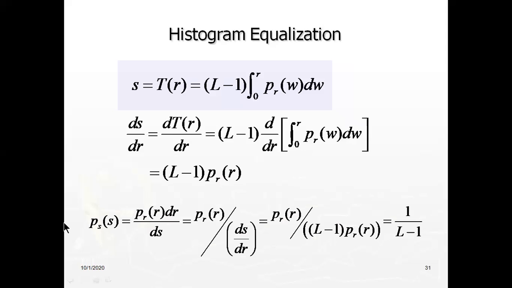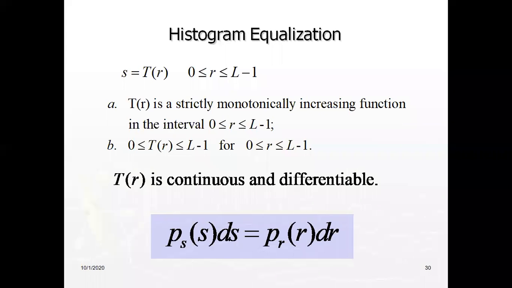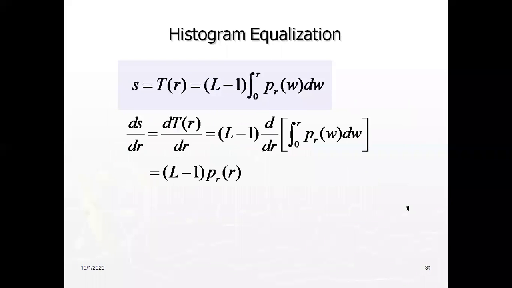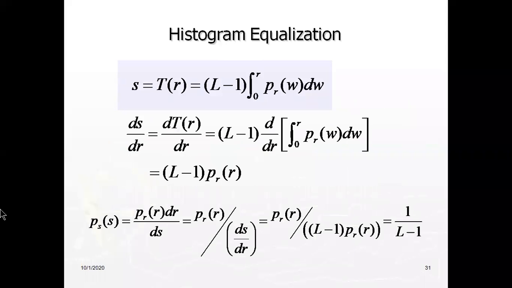So therefore, the value of p_s(s) from the earlier expression which we have written over here, from this you can write p_s(s) is equal to p_r(r) dr by ds, that is p_r(r) divided by ds by dr. ds by dr we have calculated here as L minus 1 times p_r(r). p_r(r) and p_r(r) will cancel, and we will get the value here as 1 by L minus 1.